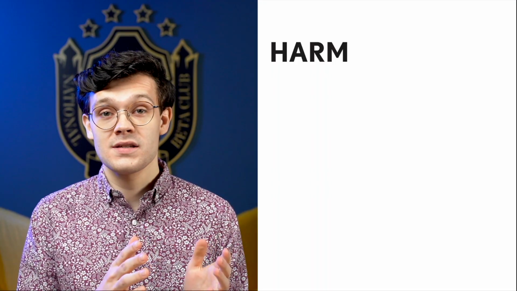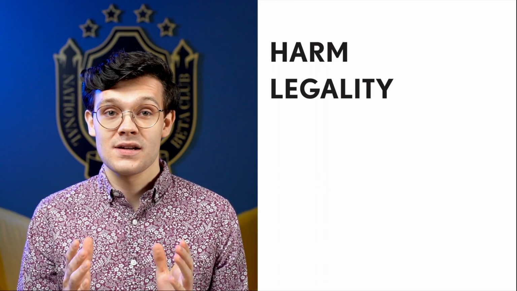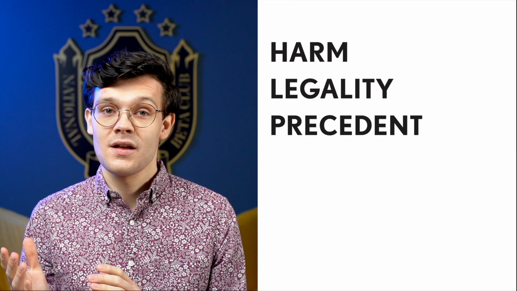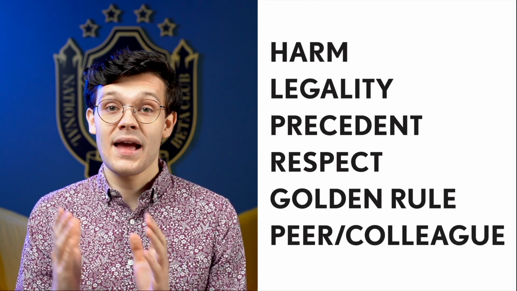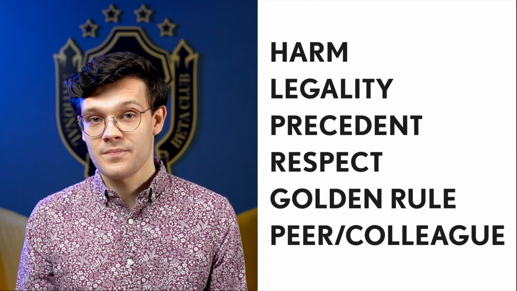For each of our 3 possible solutions, we would use at least 3 ethical tests, but preferably all 6, to identify the most ethical possible outcome. Now, the ethical tests include the harm test, the legality test, the precedent test, the respect test, the golden rule test, and the peer or colleague test.